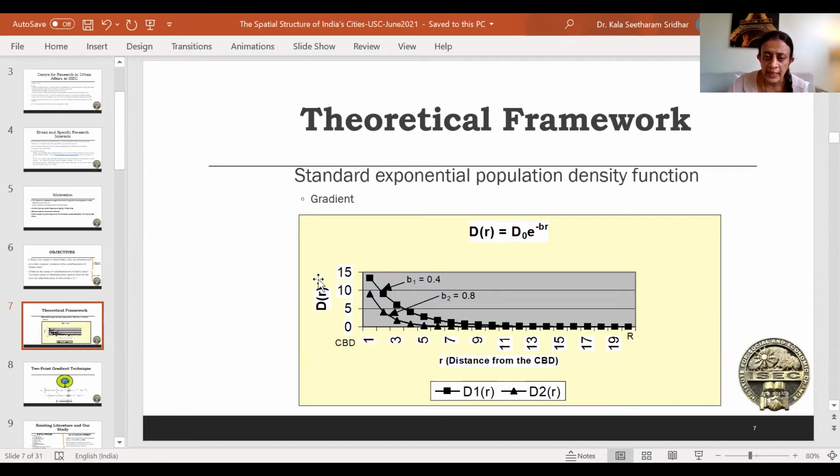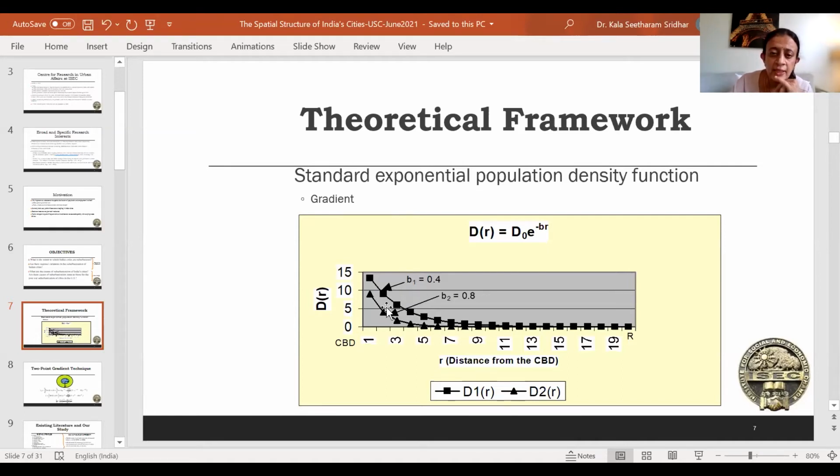On the y-axis, we measure D of R, which is the population density at distance 1 kilometer, 3 kilometers, 5 kilometers, 7 kilometers, or miles, as the case may be, from the city center. This is the population density function of city 2, and this is the population density function of city 1.